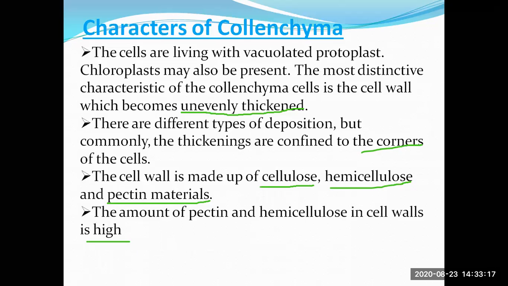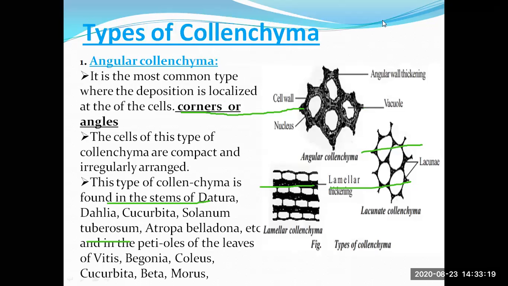If you observe the diagram, these are the three different types of collenchyma. The first one is angular collenchyma, the second is lacunate or lacunar, and the third is lamellar.